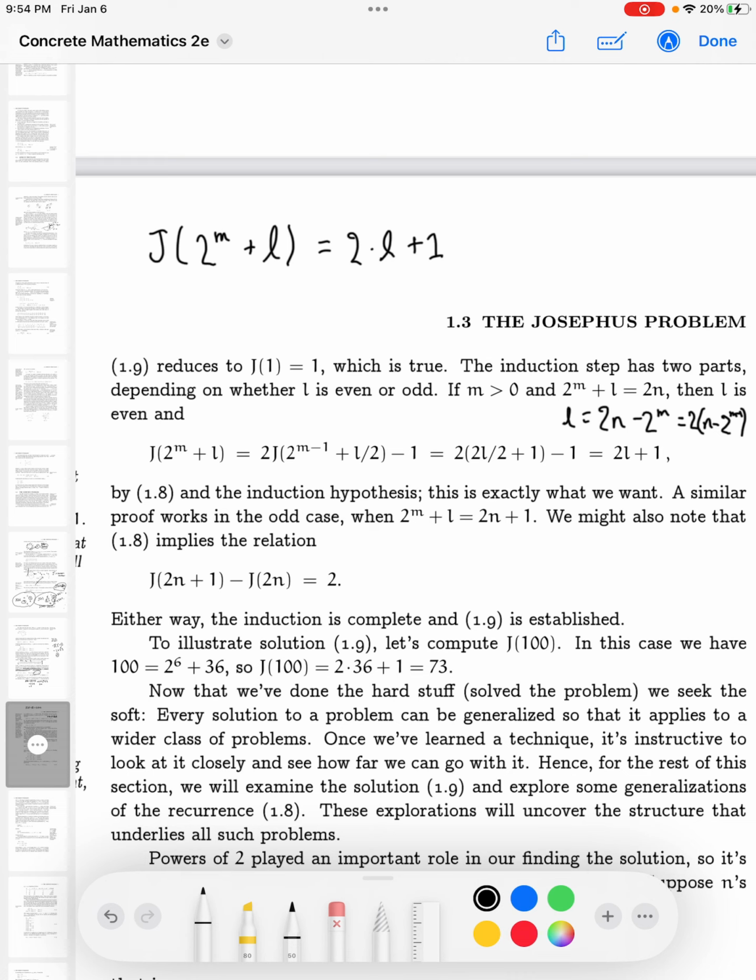So that being cleared, L is even, and J of 2 to the power of m plus L is equal to 2 J of 2 to the power of (m minus 1) plus L over 2. The reason it is written this way is, let's see.